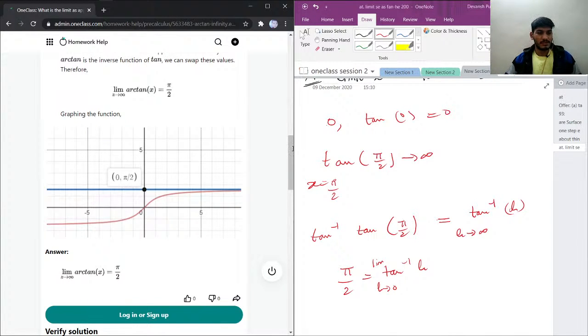So if we see the arctangent function, we can see that when my angle is pi over 2, then my tangent is approaching infinity. So whenever tangent inverse of x is approaching infinity, my angle is going to be pi by 2.